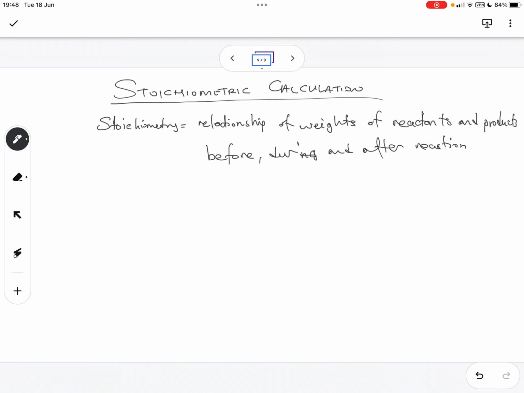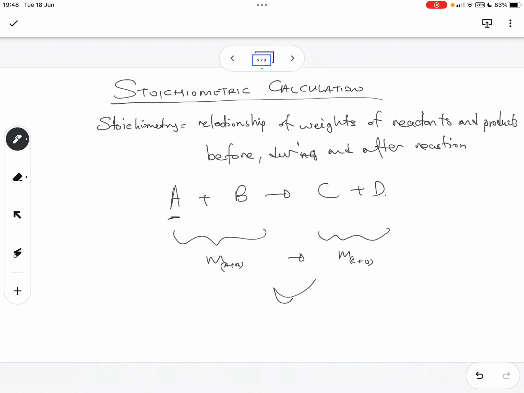Let's say it doesn't matter what's reacting. We have a mass before the reaction, and we also have a mass after the reaction. And we look at the relationship between the two. So that's the long and short of stoichiometry.